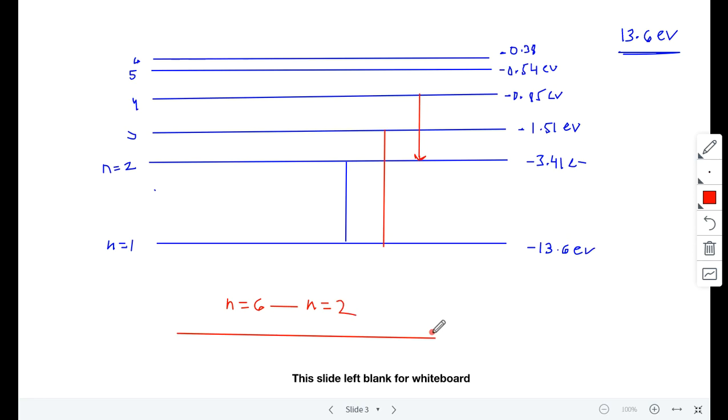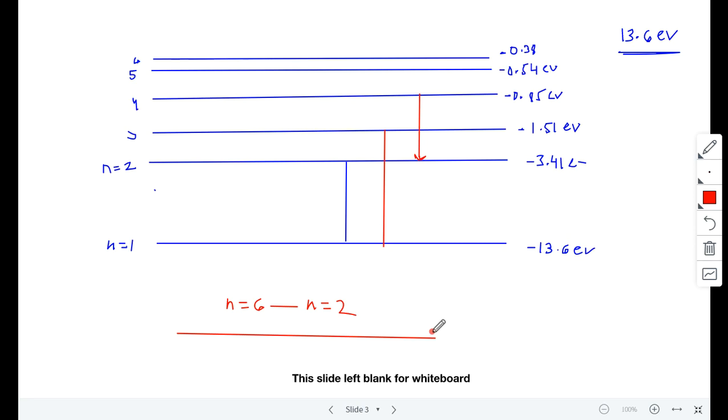So what we're working out is the frequency of a photon. Energy two minus energy one equals hf.